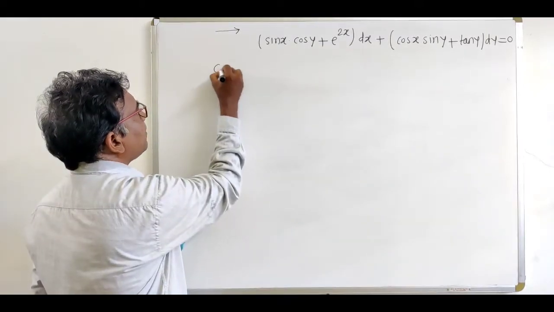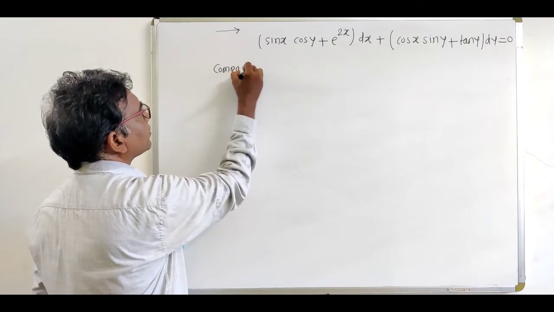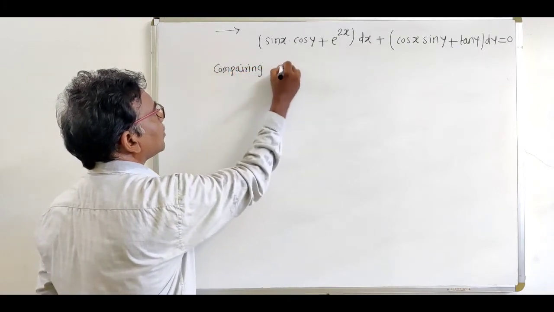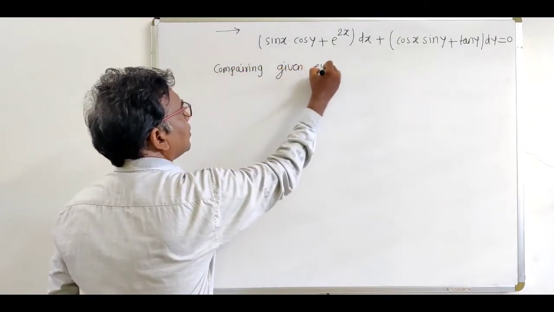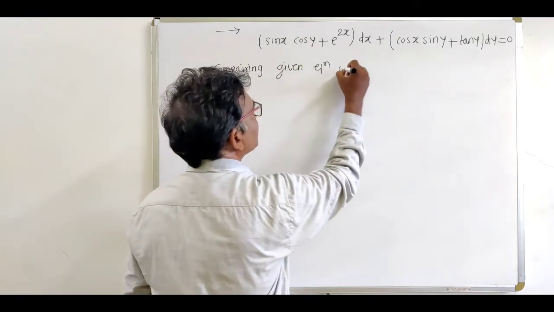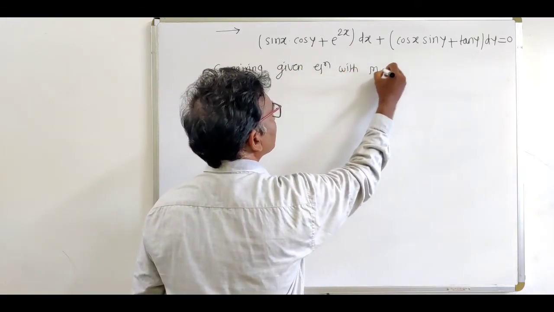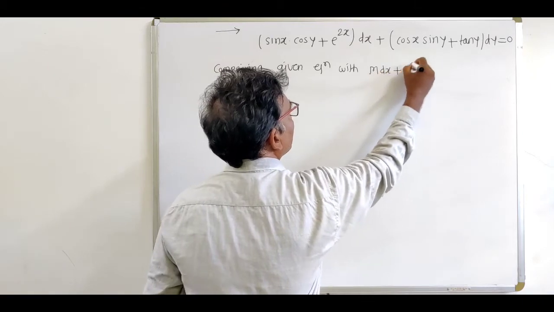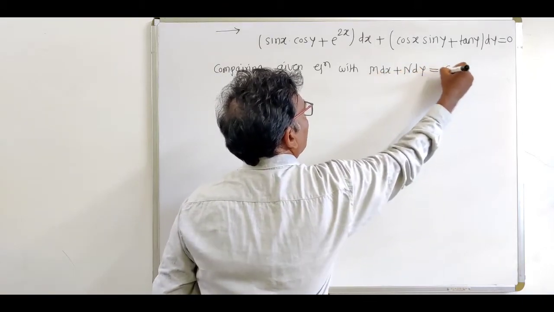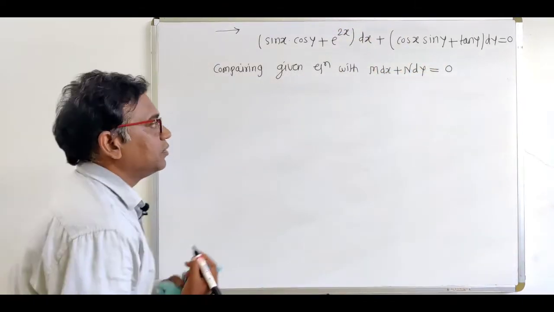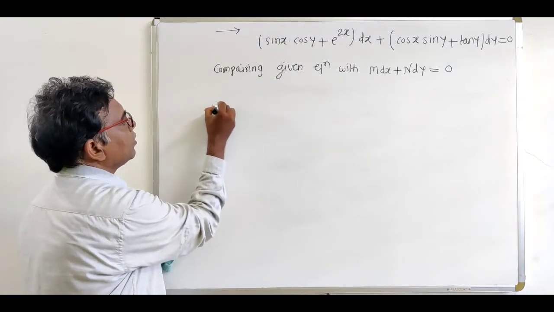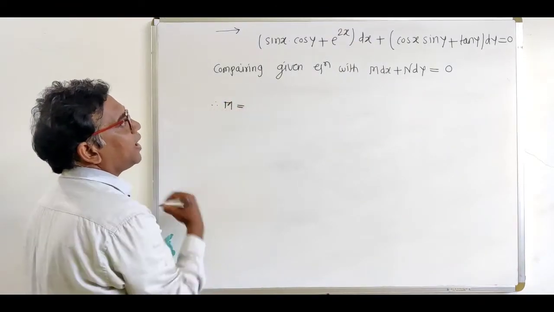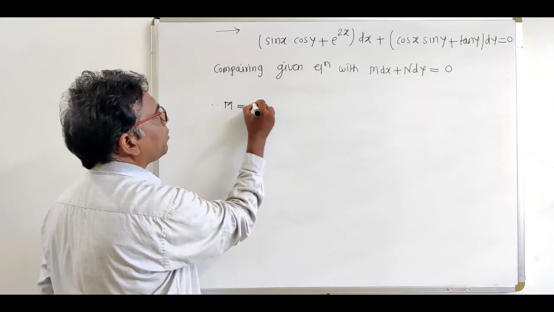So right here, comparing the given equation with M dx plus N dy equal to 0. What is our aim? M means the coefficient of dx.